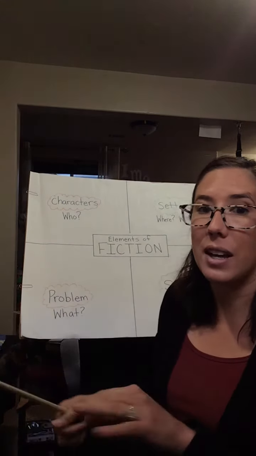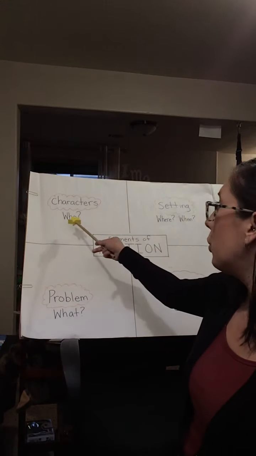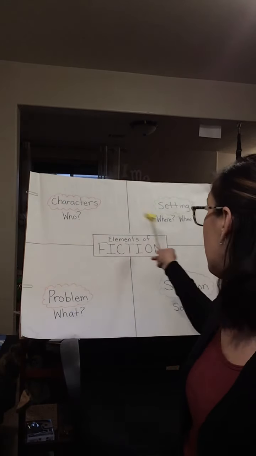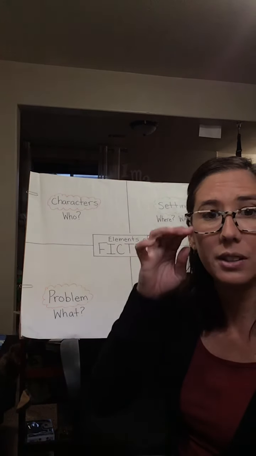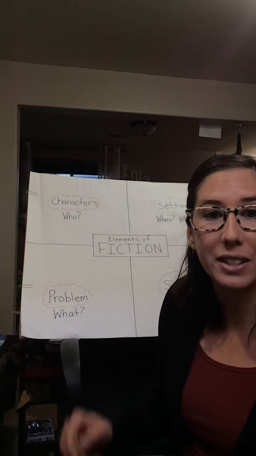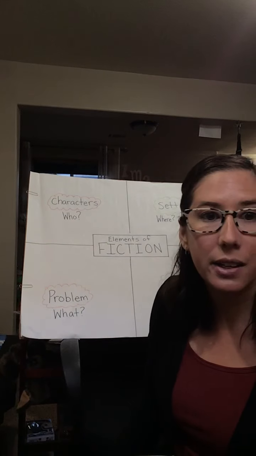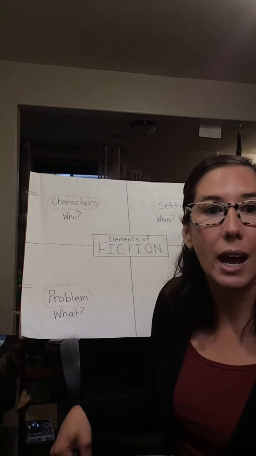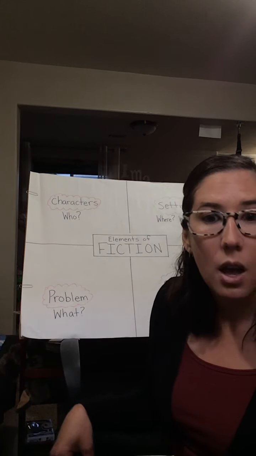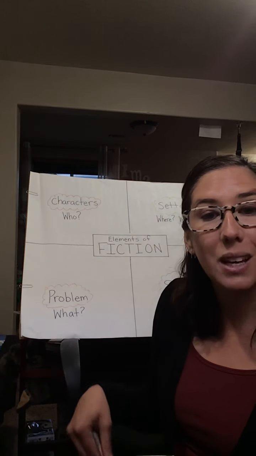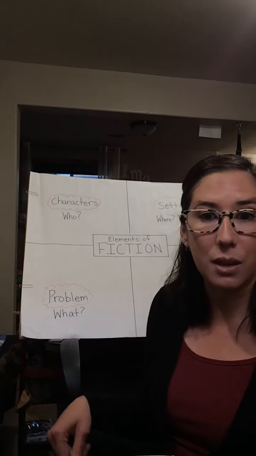Think of your who's, your characters, and your settings. Where and when is your story going to take place? It could happen in Wellington. It could happen on the moon. It could happen under the sea. It could happen at McDonald's. You choose your setting, because this is your make-believe story.